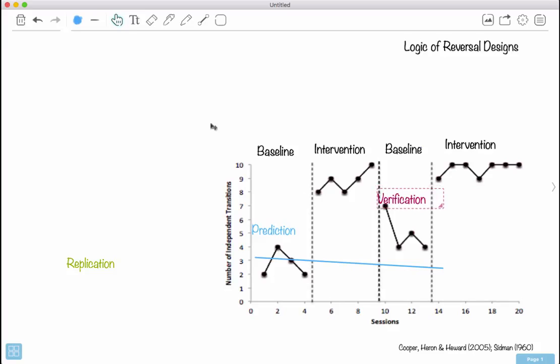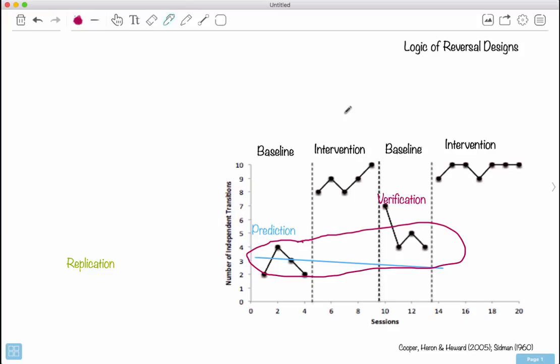Okay, it verifies that if we hadn't conducted the intervention, the behavior would likely have stayed as we predicted. It verifies that.